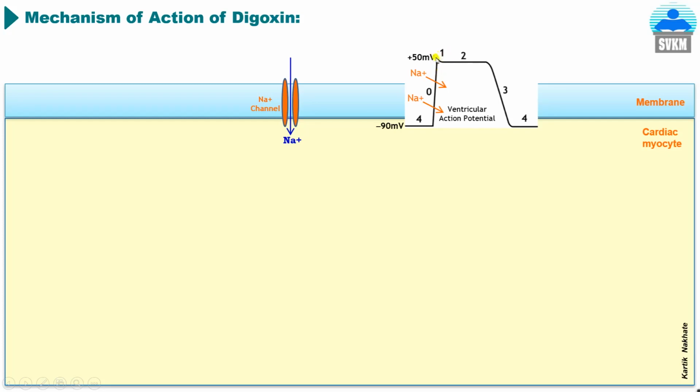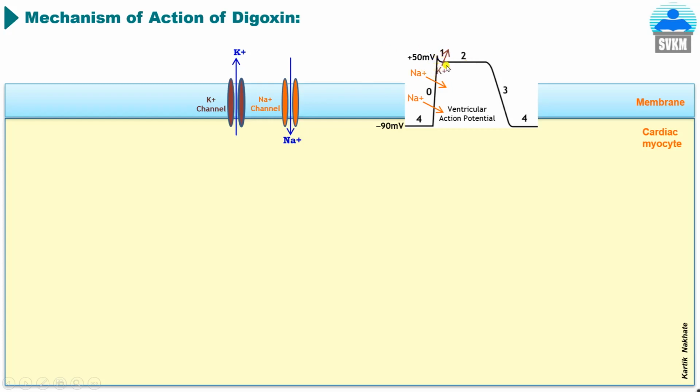Thereafter, phase 1 begins with rapid inactivation of the sodium ion channels. At the same time, potassium ion channels open and close rapidly to allow a brief outflow of potassium ions from the cell, making the membrane potential slightly more negative.